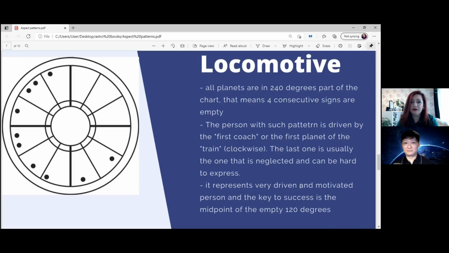So another thing that is helpful for such a person, and it's like a key to their success, is the midpoint of the 240 degrees, which comes in opposition. It's like the hinge of the pattern, right?